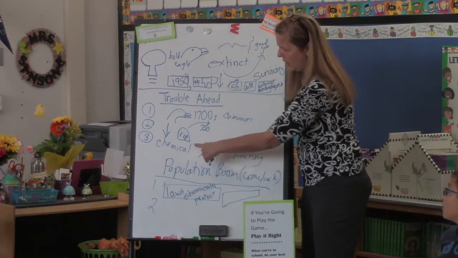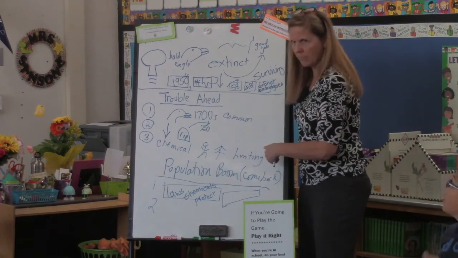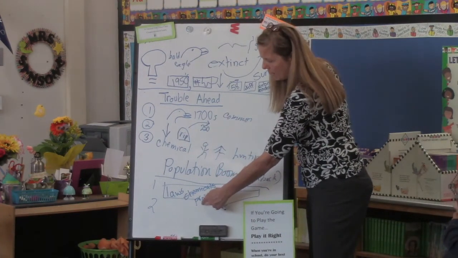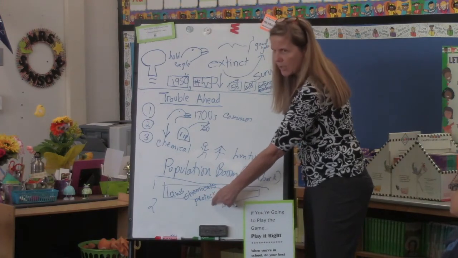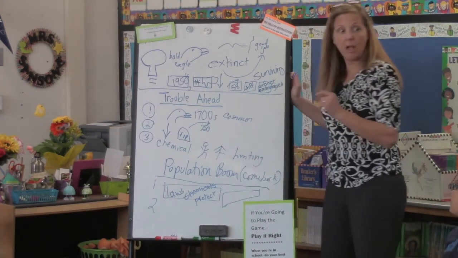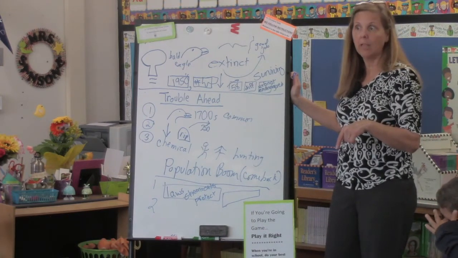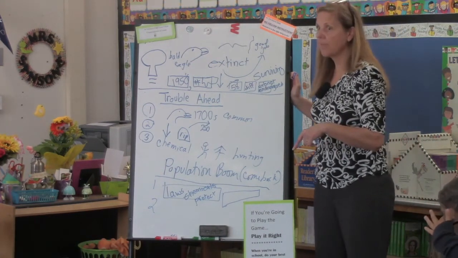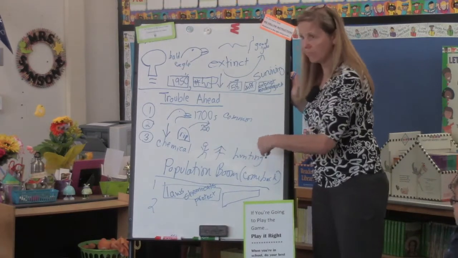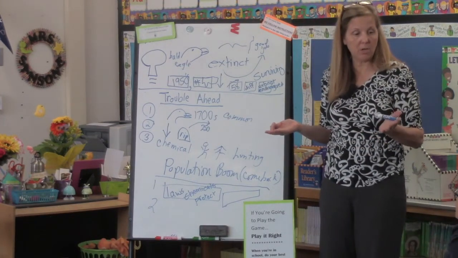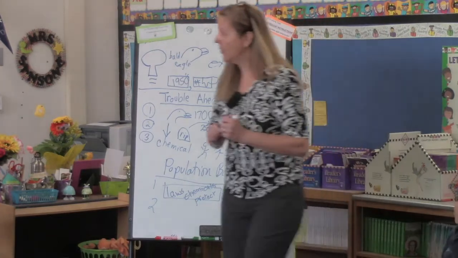The chemicals. Cutting down trees and hunting. So what laws could they have to protect them? No more chemicals, but what else could they do to protect them? Stop shooting the birds. Oh, so can you shoot a bald eagle? Or is that illegal? That's illegal now. And how did that help them? If you're not being hunted, can you live? Yeah. All right, let's go to the next part.